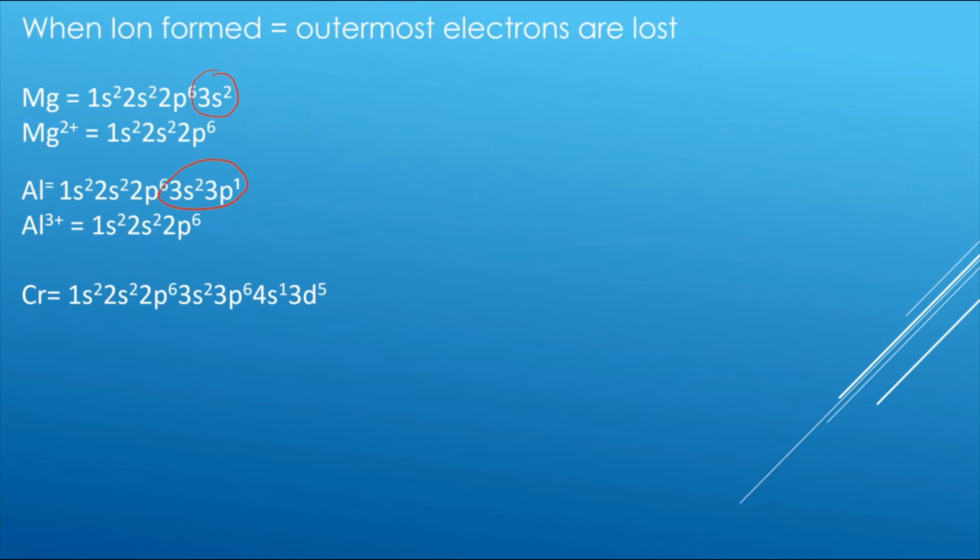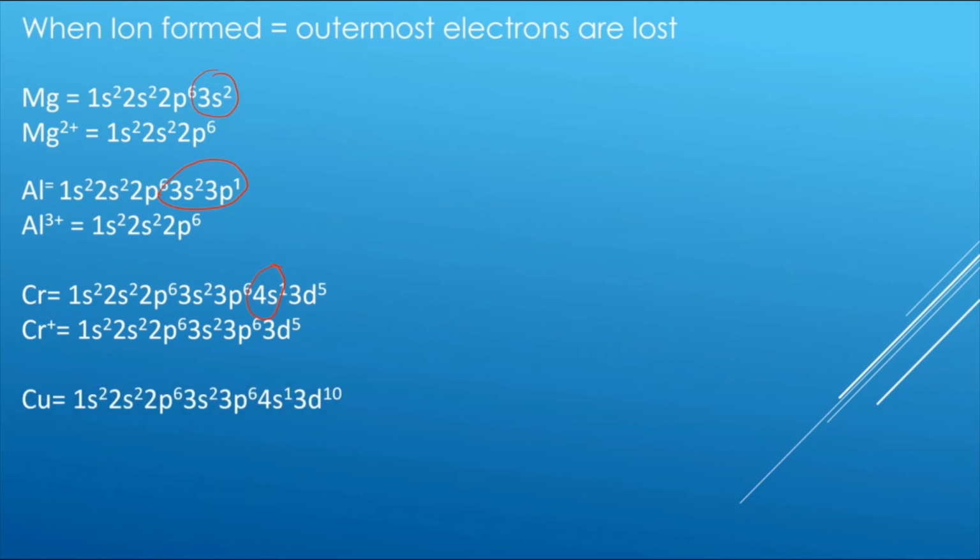So for example, chromium, it has 3d5 at the end, but when Cr+ loses 1 electron, instead of becoming 3d4, we lose the 4s1 electron. And it's the same with copper. Copper is an exception as well. So we have 3d10 at the end.